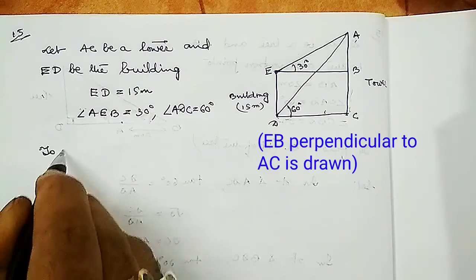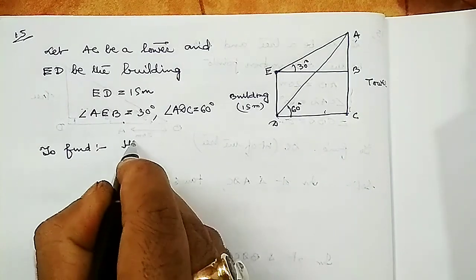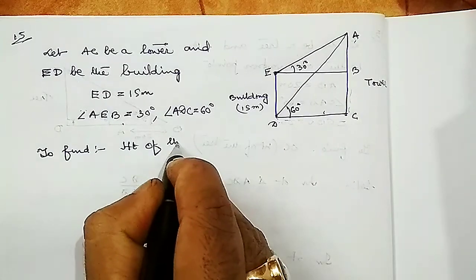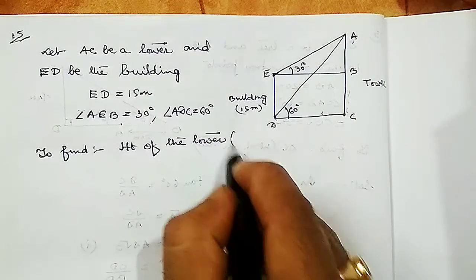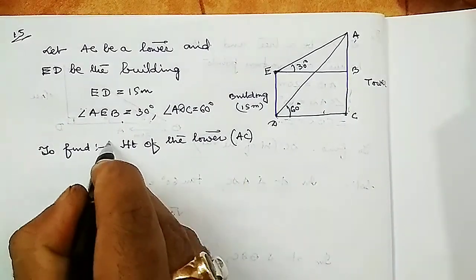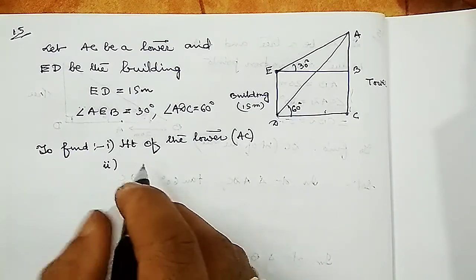To find: first is the height of the tower, and as I have drawn, the tower is AC, that means we have to calculate AC first. And the second thing that I have to calculate is the distance between the tower and the building.